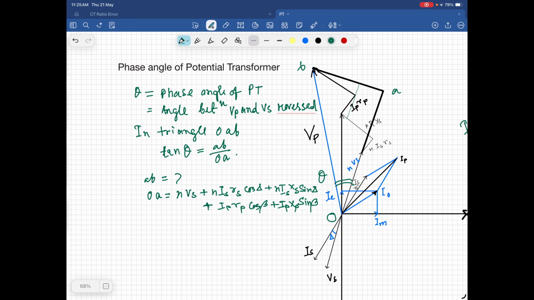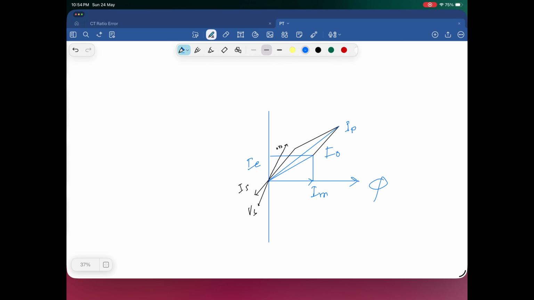Next, here I am drawing the phasor diagram again, so that you can draw it perfectly. So in the horizontal axis this is phi, and Vs is leading.